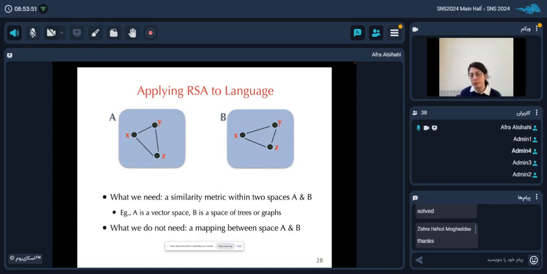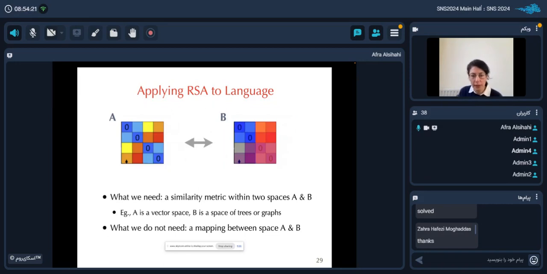For example, if I'm interested in the parse trees behind sentences, if I want to know whether my model has the same kind of syntactic sensitivity as humans do, I need to come up with a distance measure between two structured representations of two sentences. And then I only need to calculate the correlation between these two spaces.